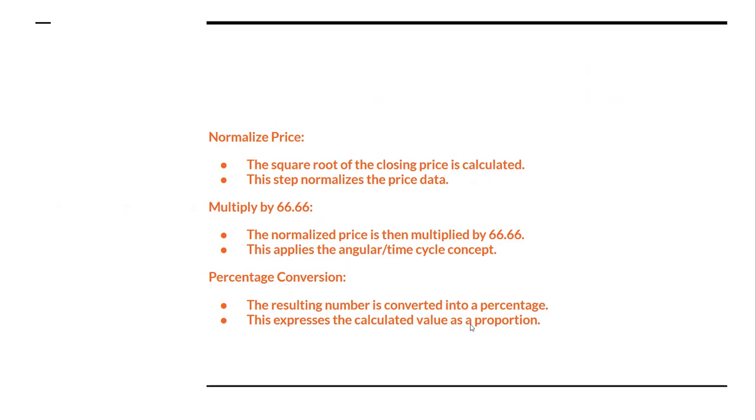The resulting number is converted into a percentage, and the percentage will be added to the closing price for the upside level, and we subtract it from the closing price to get a support level and a resistance level.